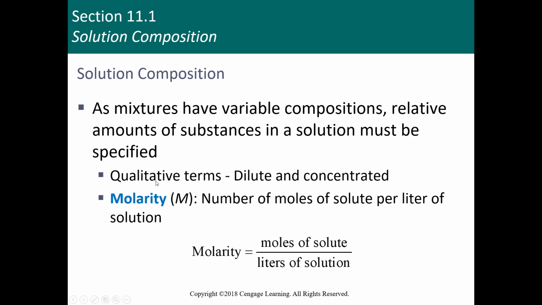Those are qualitative. The quantitative terms are going to actually have quite a variety. And that is because there is, of course, a great number of solutions that have been made throughout history. Various types of quantifications have been made to explore those solutions. And some of them just work better in certain situations.